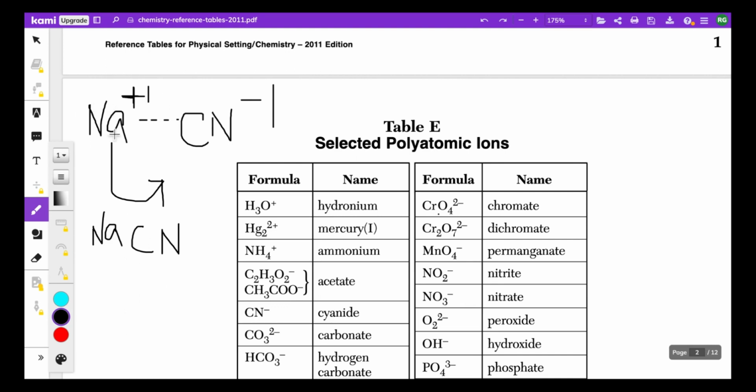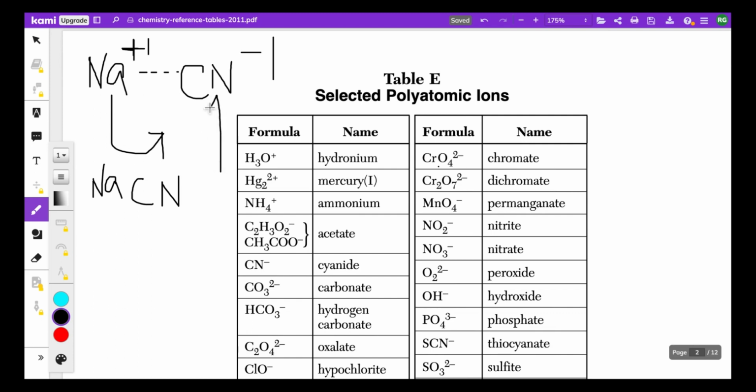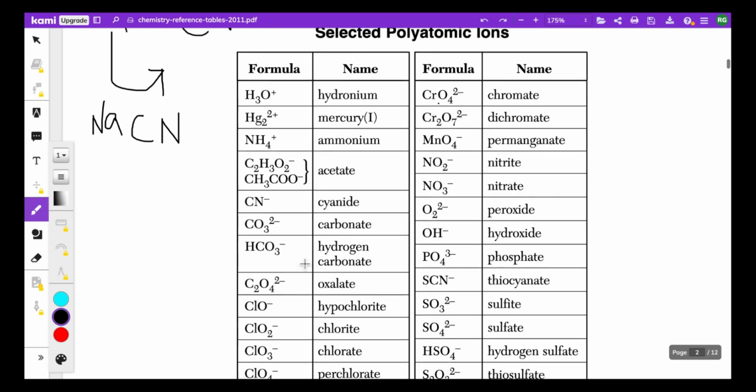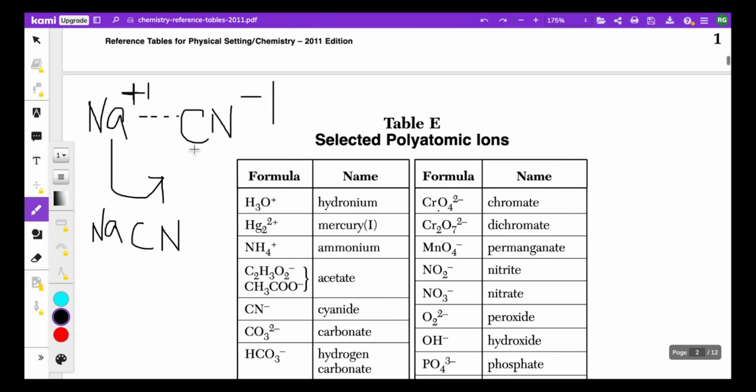And you might be wondering, where's the covalent bond? Well, the covalent bond is happening between the carbon and the nitrogen, okay? So the C and the N is where the covalent bond is formed, and this whole thing is where the ionic bond is formed.